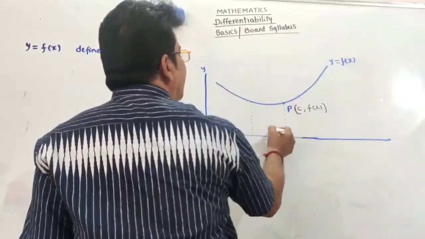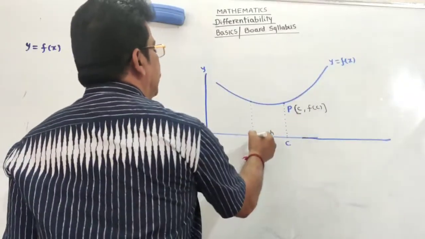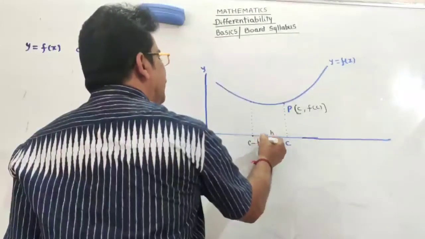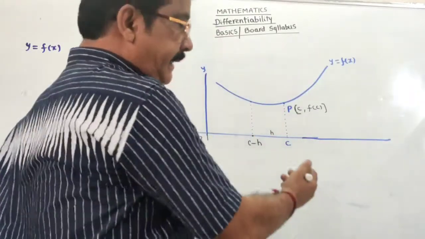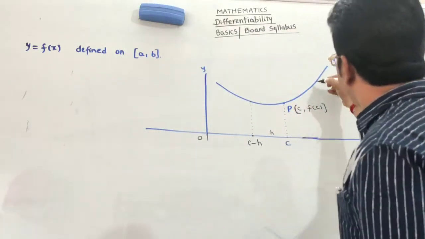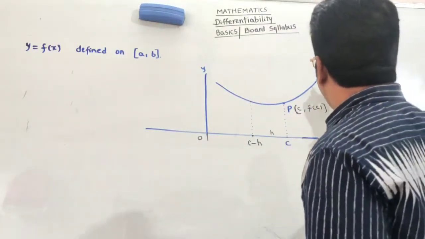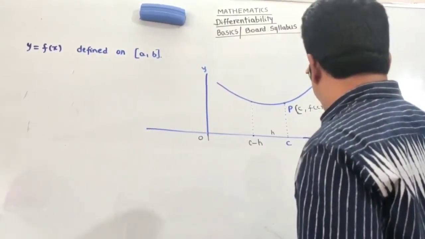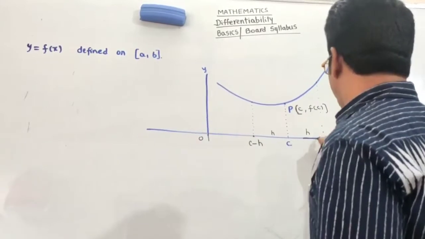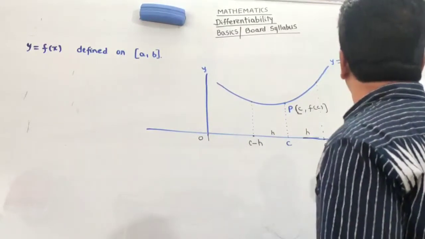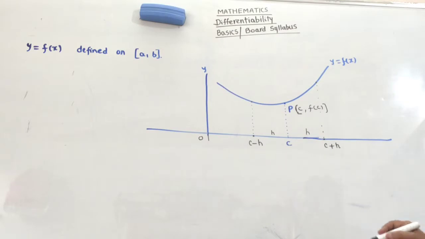This distance is h units, then it will be c minus h, that is the left side of c or left side of P at the same distance. Here it is also h units, then it will be c plus h.